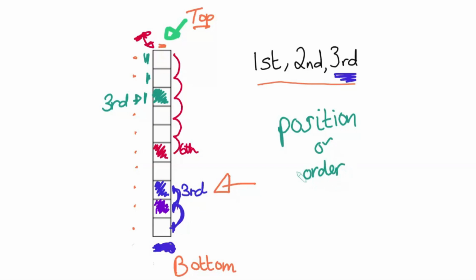And we could say, for example, if there's a car race, what position or order the cars come in? First, second, or third? That's how we could tell someone what an ordinal number is.